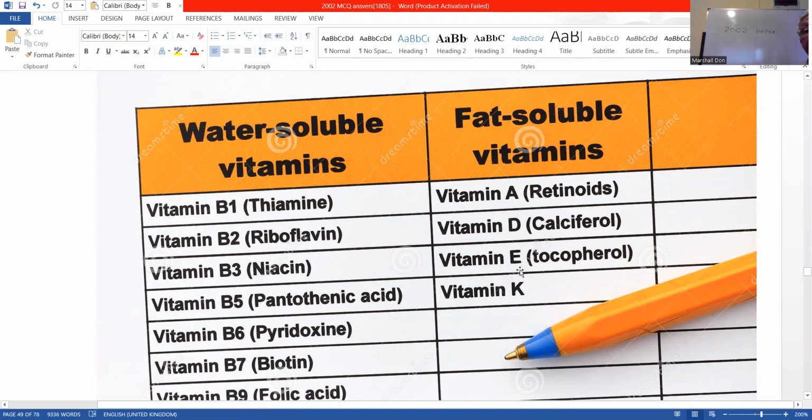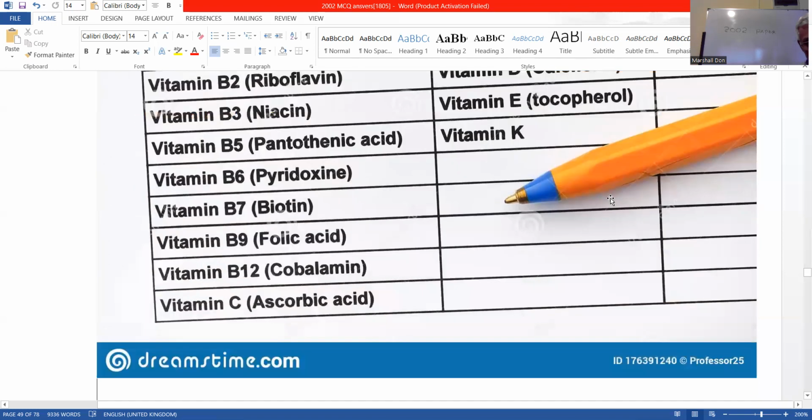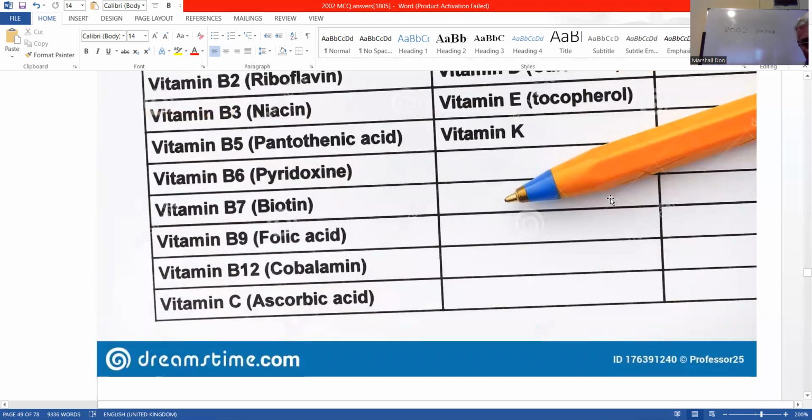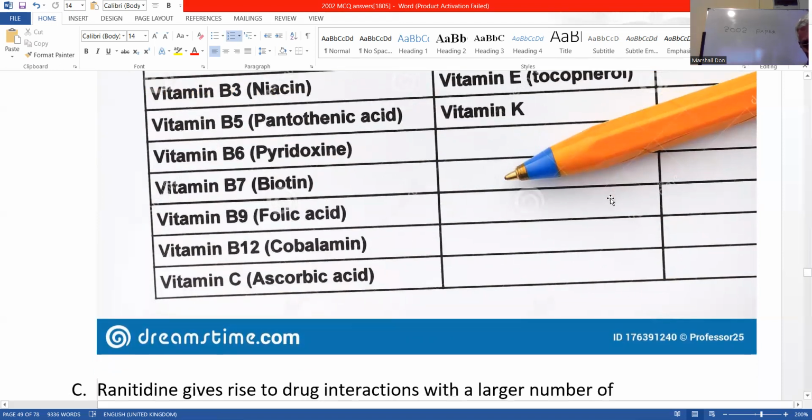Tocopherol is vitamin E, vitamin D is calciferol, and retinoids or retinols are vitamin A. Vitamin B1 is thiamine, B2 is riboflavin, B3 is niacin, pantothenic acid is B5, pyridoxine, and biotin. These are all water-soluble vitamins.